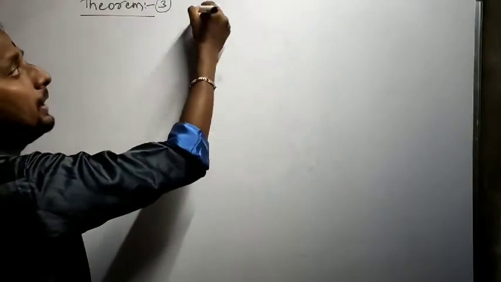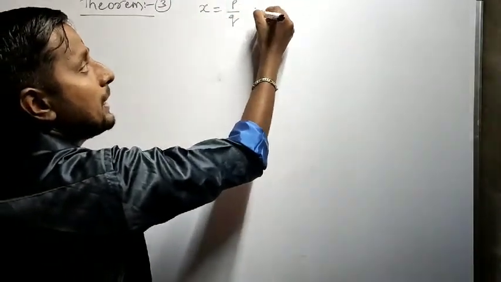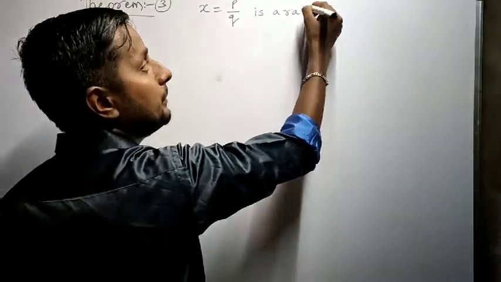Theorem 3. What is theorem 3? x equals p by q is a rational number.